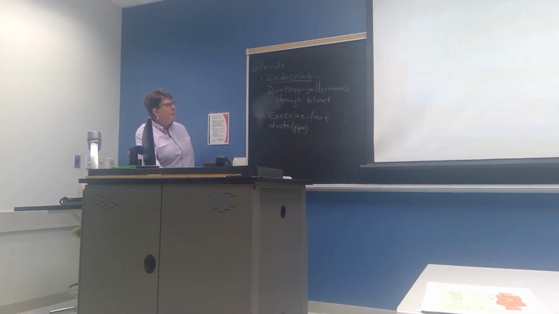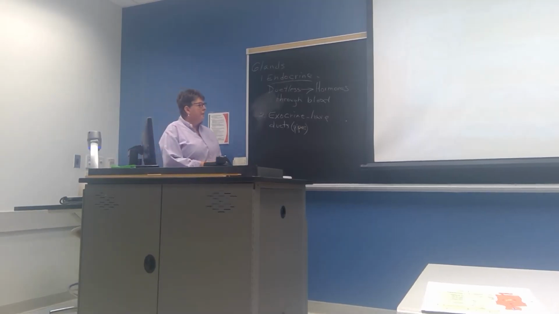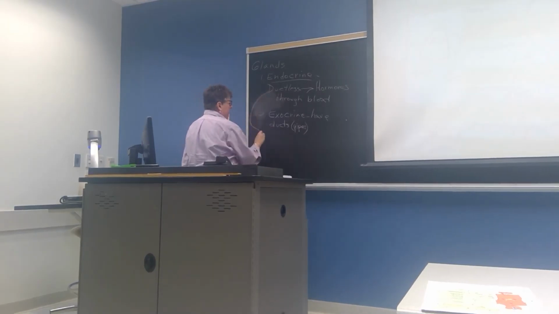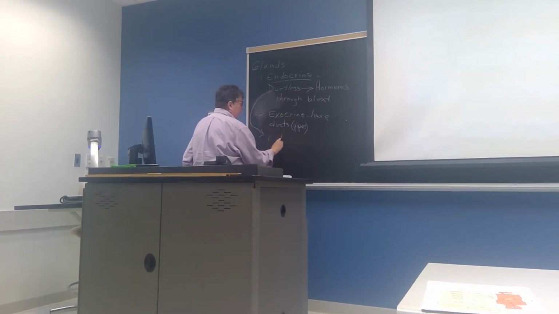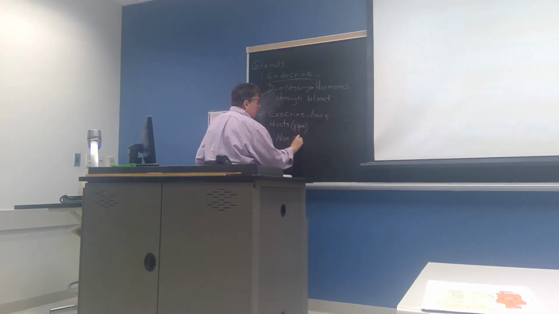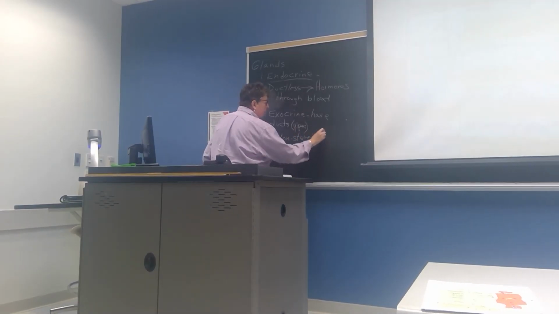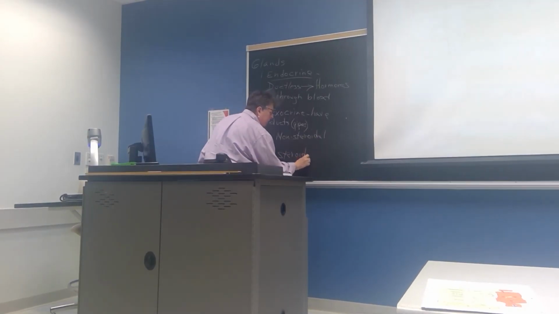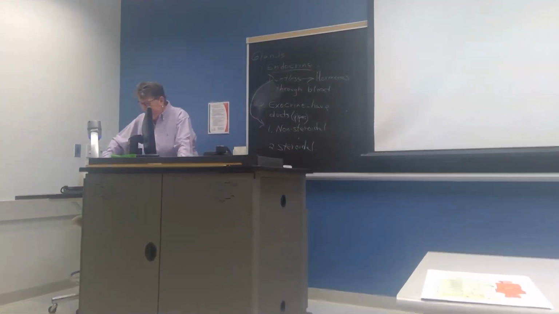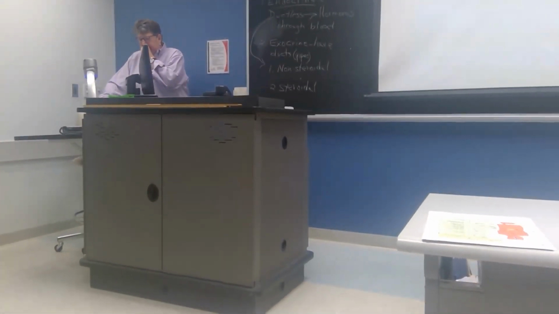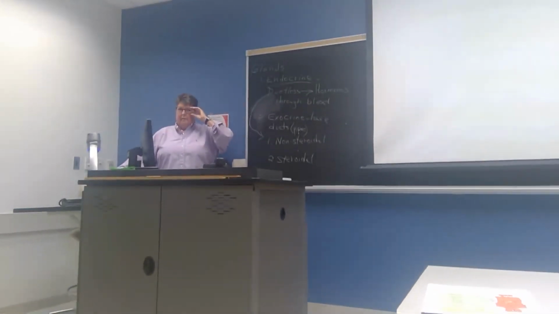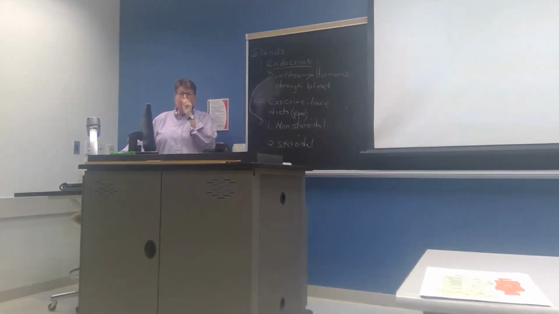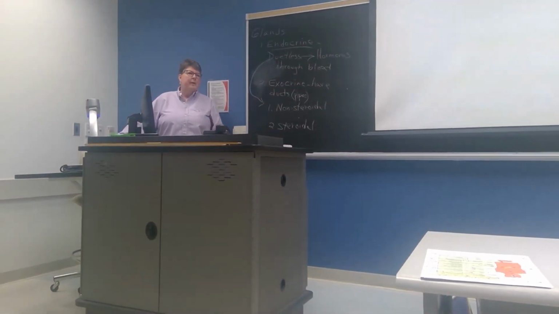Another thing I would say, if you look at this chart, in the column that says type, I don't want you to memorize those, except I want you to know which ones are steroids.